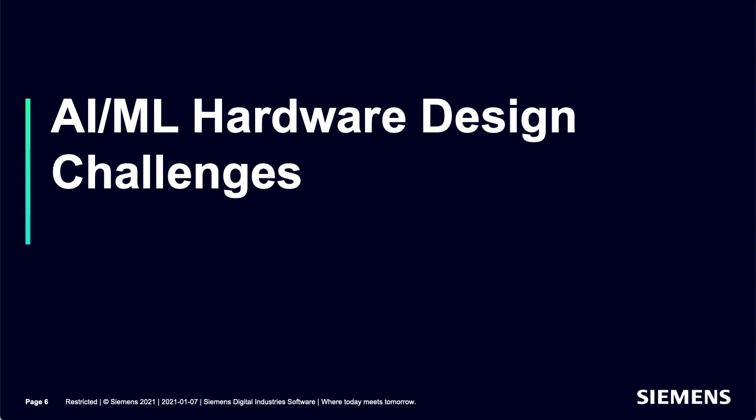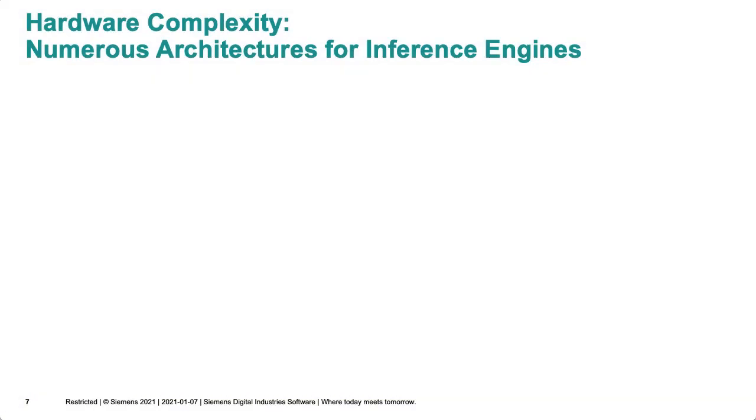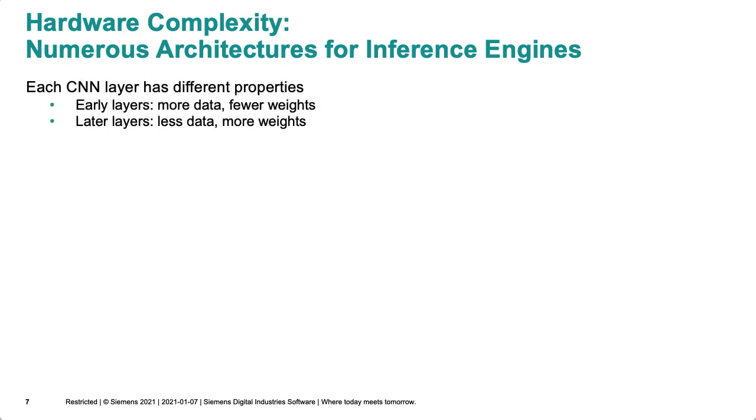Next, we'll talk about some of the hardware design challenges we face when designing AI or ML hardware. The past several years has seen an explosion in the number of architectures for implementing inference engines in hardware. Each convolutional neural network layer has different properties. For the early layers, there's more data that needs to be processed and fewer weights, and for the later layers, there's less data and more weights.